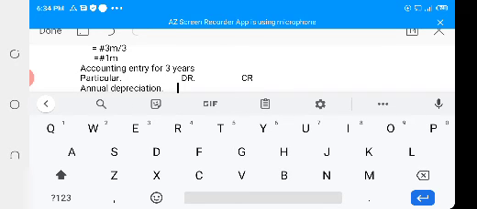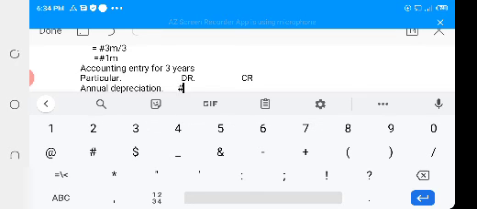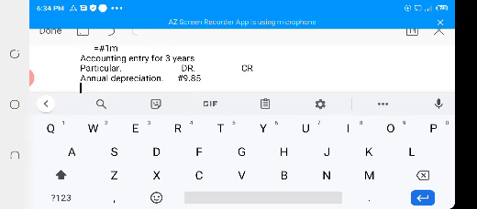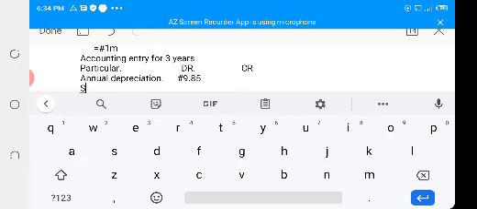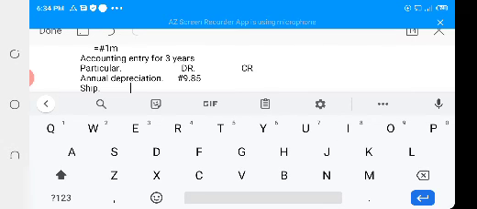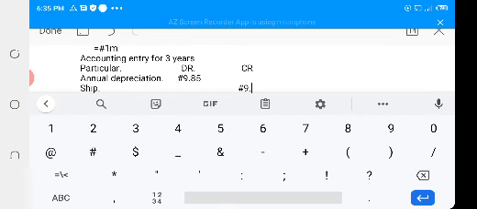You debit your depreciation account, which is the profit or loss, with 9.85 million, and credit the ship in your statement of financial position in order to know the carrying amount of the asset every year. So the 197 million minus this depreciation will give us the carrying amount each year.